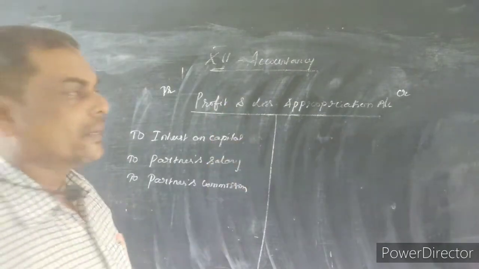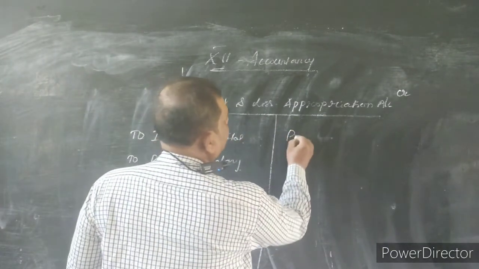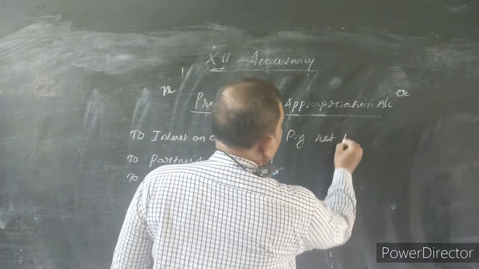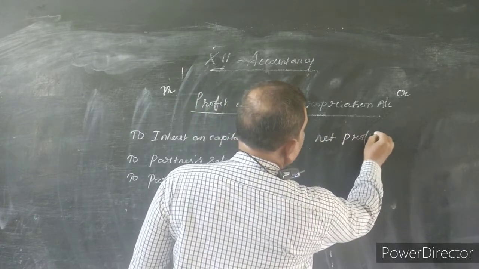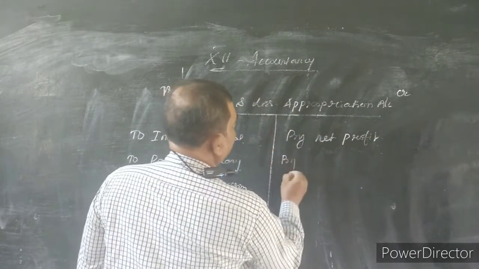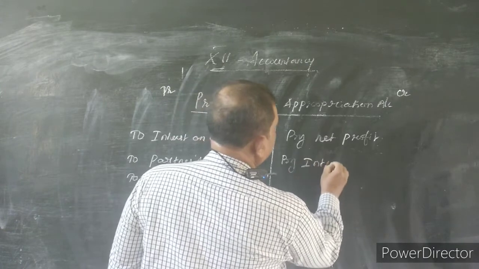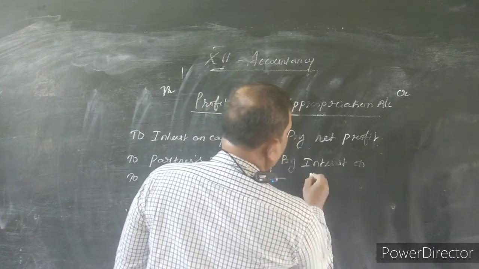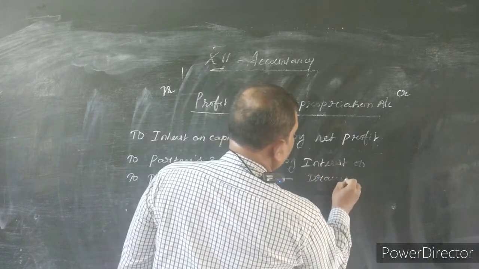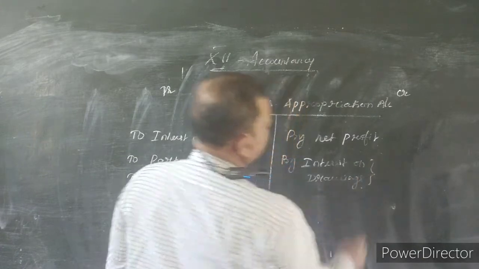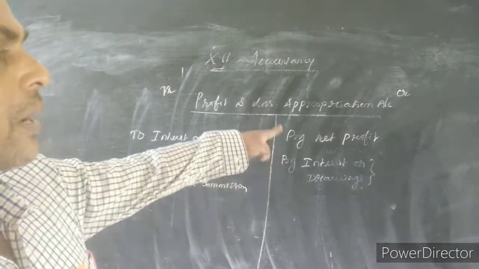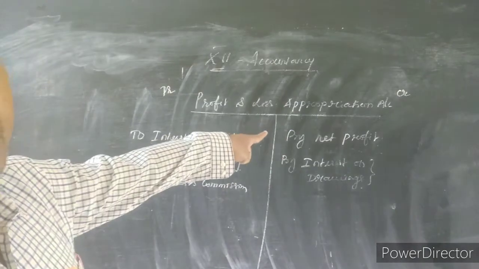Credit side has only two items, that is by net profit and by interest on drawings. So these two items are the incomes for the partnership firm.